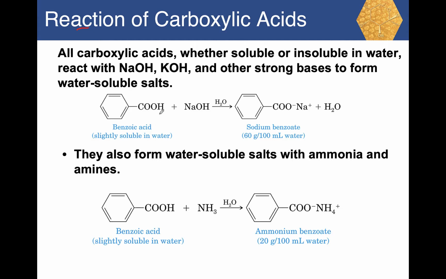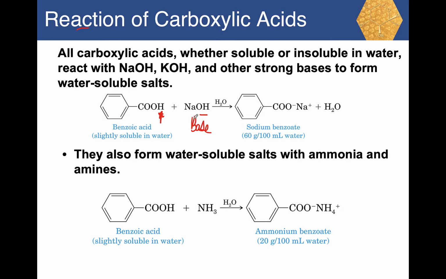So here is the hydrogen. If this molecule gives up this hydrogen to a base, this is an acid. So an acid is a proton donor, a base is a proton acceptor.